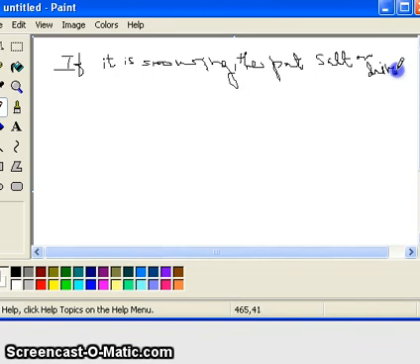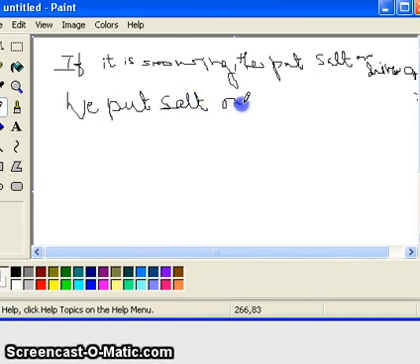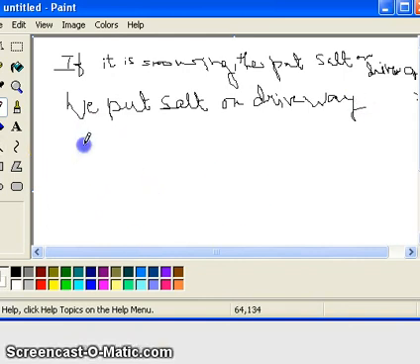And the second part says we put salt on the driveway. Therefore, it is snowing.